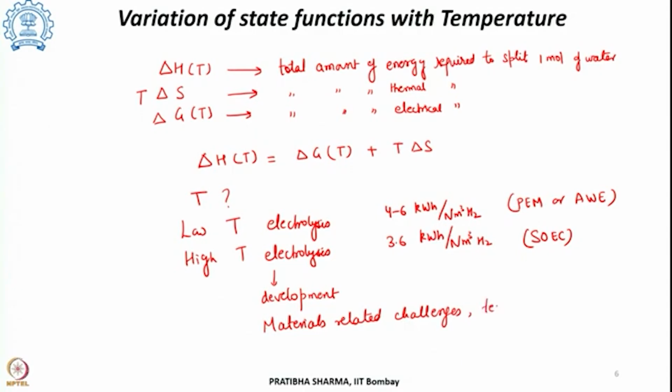There are also certain technical challenges, like when we are using pressurized water, the associated leaks. So, there are several other challenges that still need to be considered before high temperature electrolysis or solid oxide electrolysis could be commercialized. Now, let us look at the cell voltages, the reversible and the thermoneutral cell voltages.